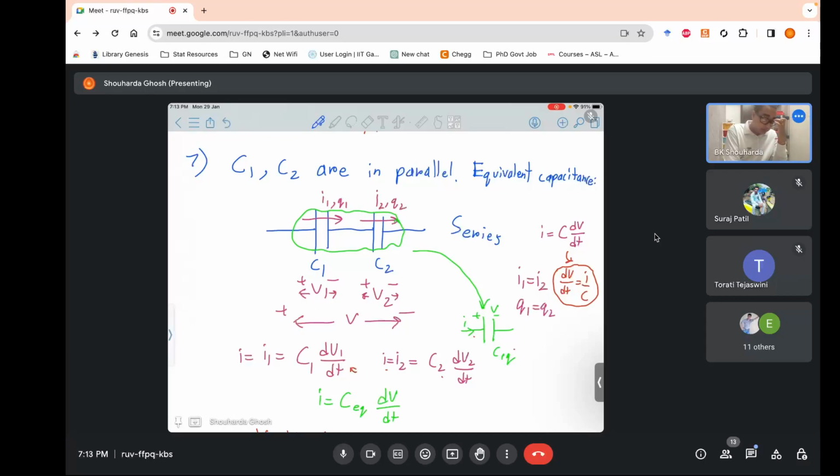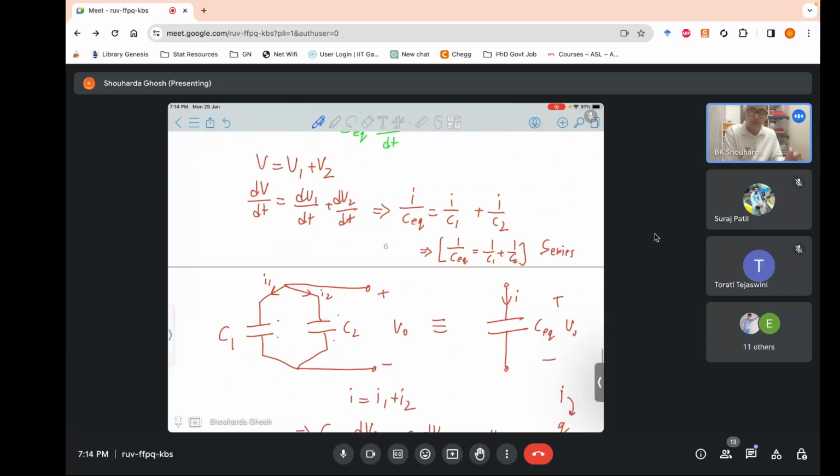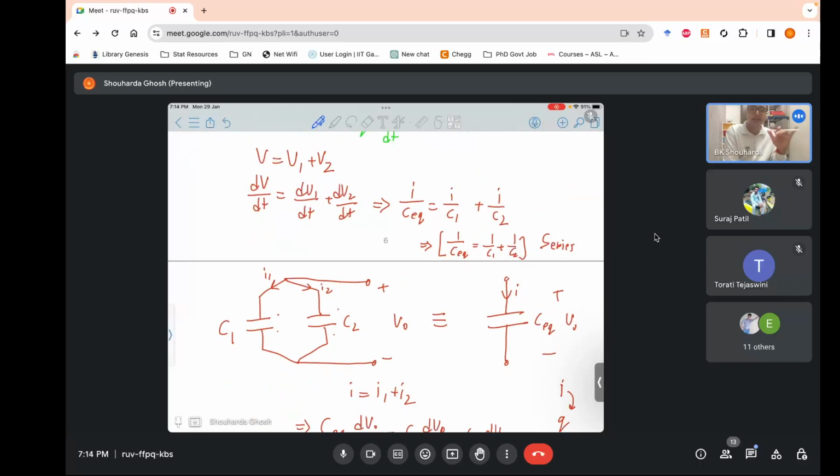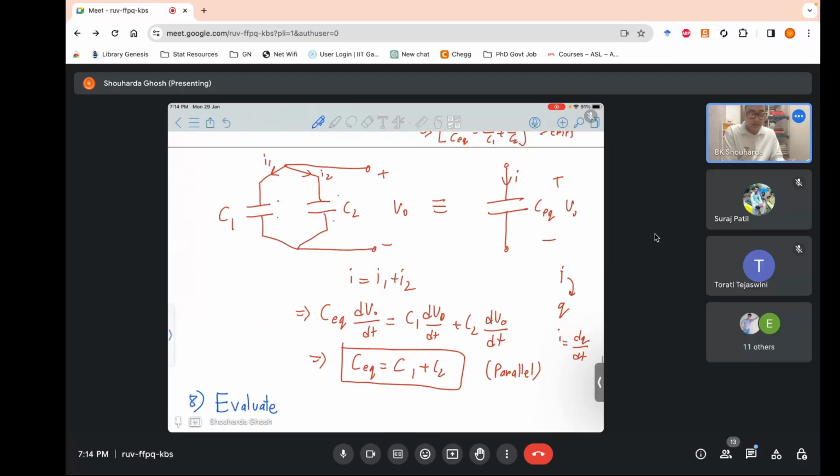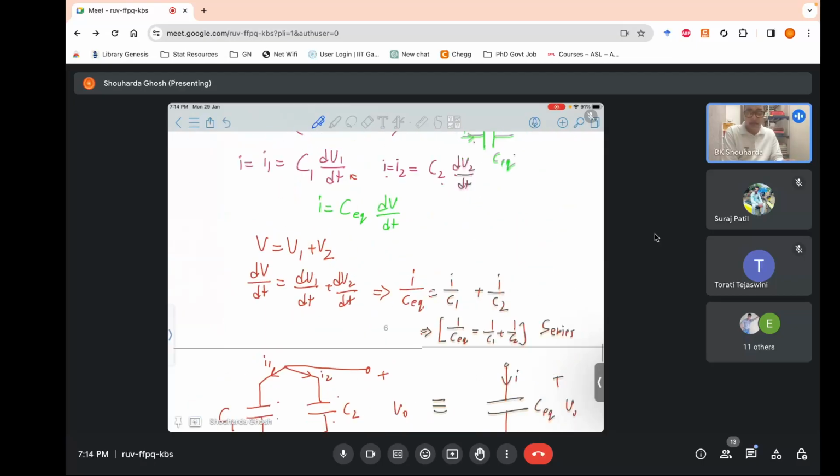Actually I would rather say that the equivalent capacitance formula remains the same everywhere, but the procedure uses Q instead of I. Since I had a derivative in it, and the derivative does not require the condition of the initial charge, that's why these things did not come into the picture.